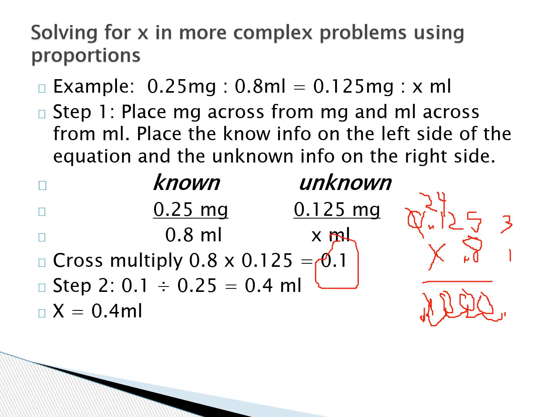Alright, so now that's just this part of it. That's just the multiplication part. This is where it gets kind of tricky, where people think, okay, now what do I do? Now that part has to be divided by the 0.25.